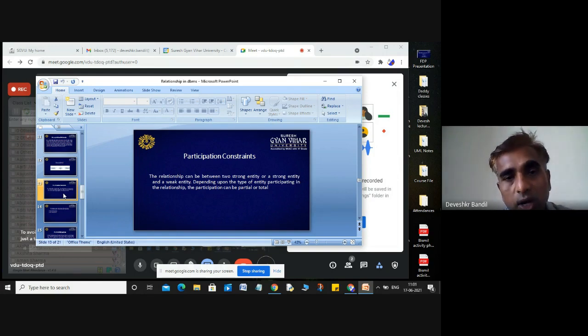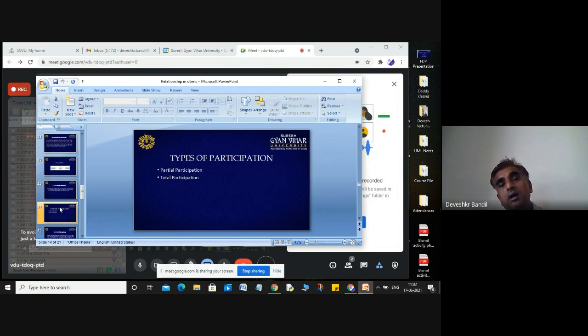You know about the weak entity. A weak entity is one where your one entity depends on another entity. Depending upon the type of entity participating in the relationship, this participation can be partial or total.